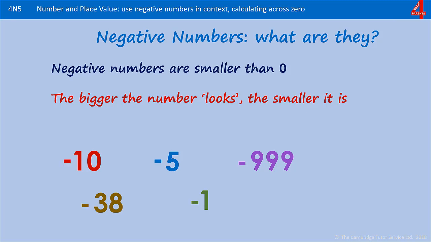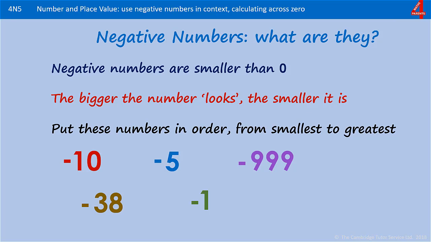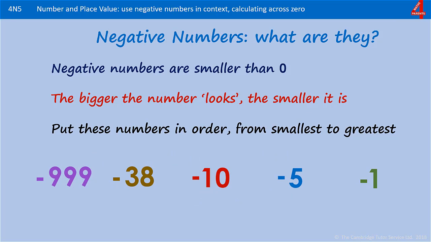But as soon as we put a minus sign in front of them to make them negative numbers, they work the opposite way round. If you were asked to put these numbers in order from smallest to greatest, a lot of children and adults would struggle at first to remember that minus 999 is actually smaller than minus 1, and that the order would be this way round.